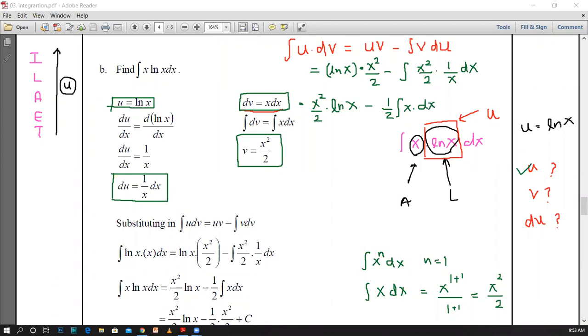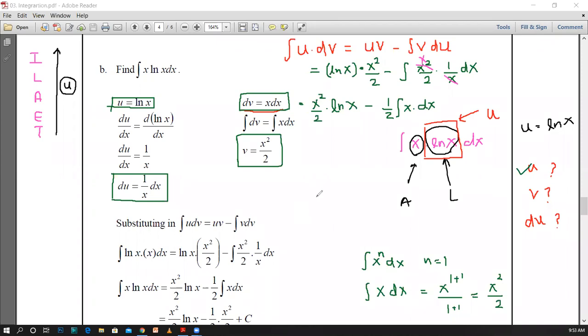You can see this 1 over x has cancelled out with the x squared, so the remaining would be x, and the 2 has been taken out as a constant.